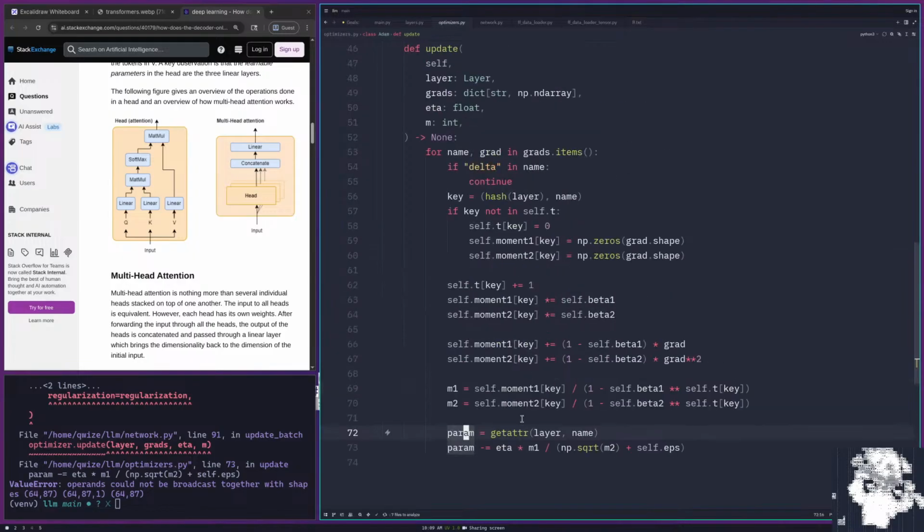So that makes sense actually. So I need to do something like this. Dot reshape param dot shape.